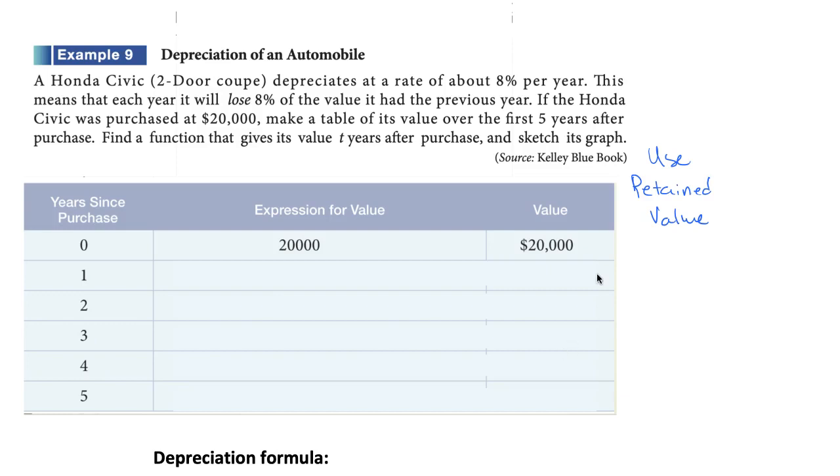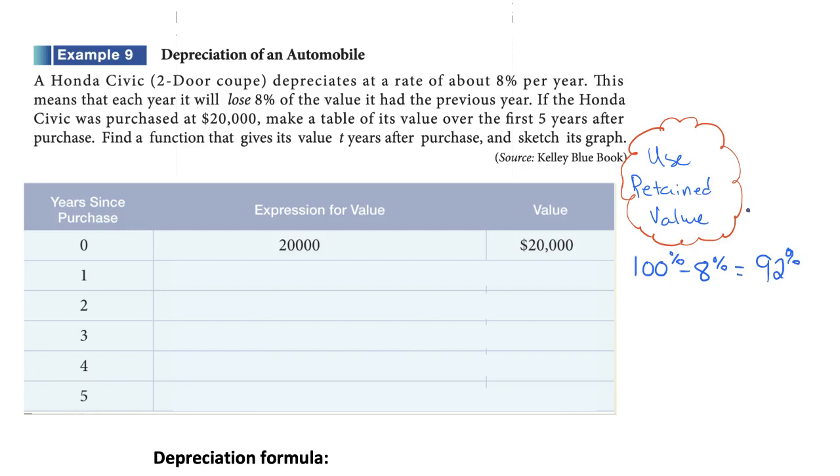So the key point that I want to make sure you get into your notes and into your head, somewhere around this table, you need to write with bright colors and a highlighter, use the retained value. Retained value means if it loses 8%, we're going to take 100% minus 8%, and we get 92%.